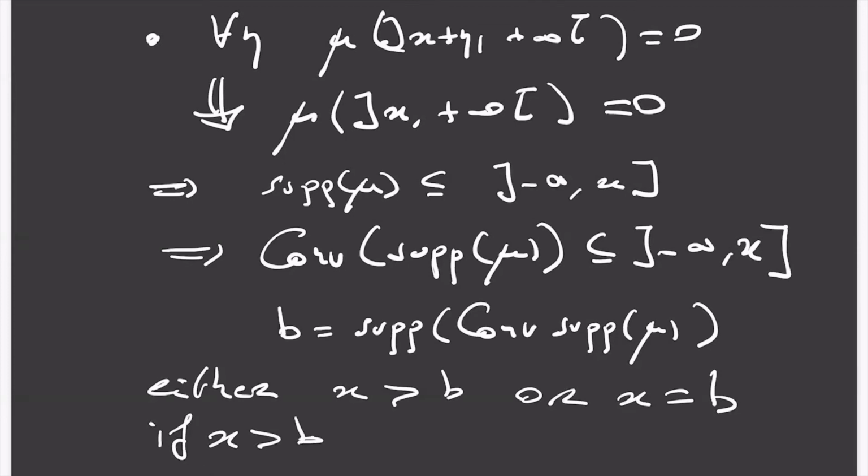And so what we find on psi star is that it is equal to the sup of lambda x minus psi of lambda by definition.